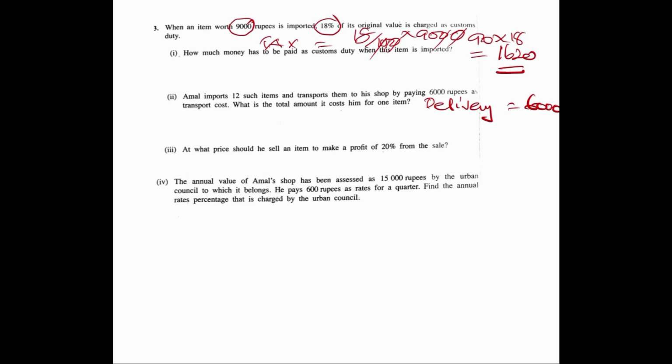That is 9,000, the original value, plus 1,620 for each, so you need to pay for 12 of them plus 6,000 delivery.